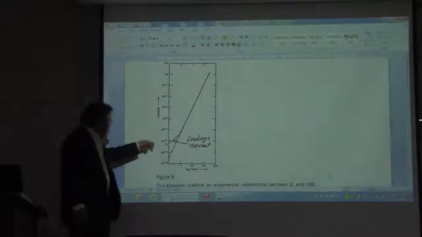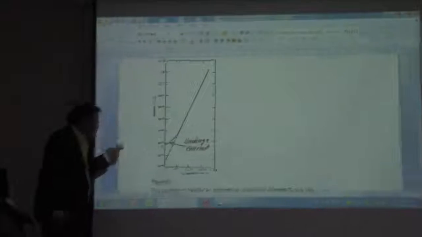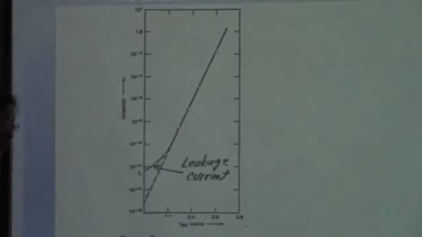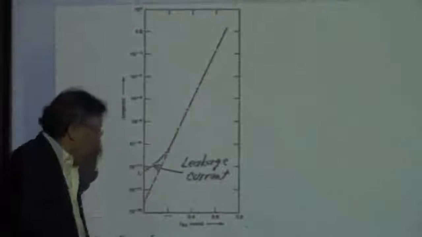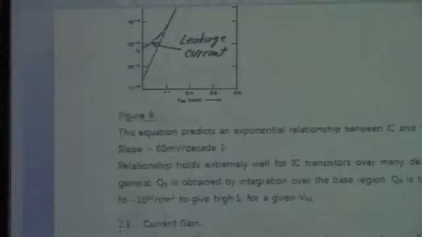You can see this is the current from emitter to collector, and this is the voltage applied between the base and emitter, and you can see an exponential increase. Typically we can get 60 millivolts per decade of current. The slope is going to be somewhere around there.